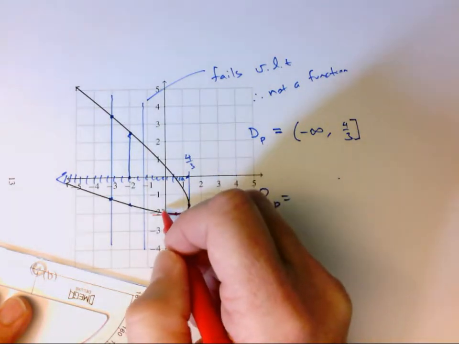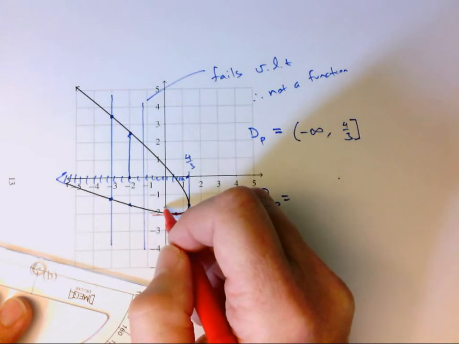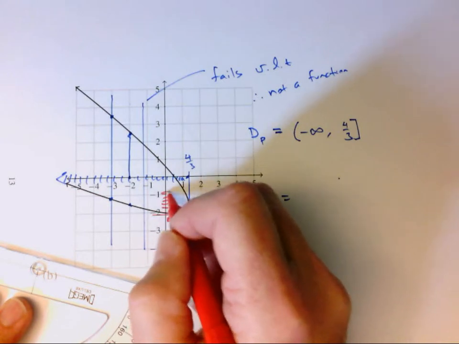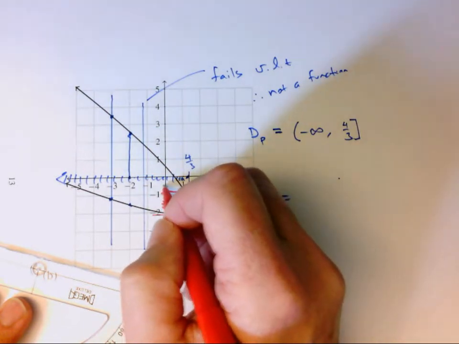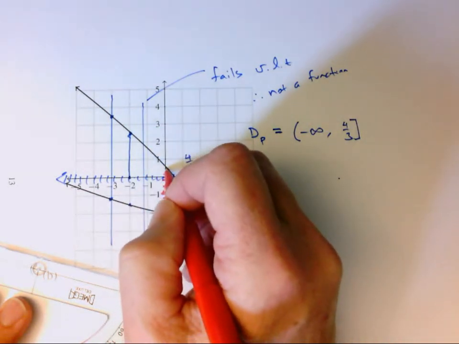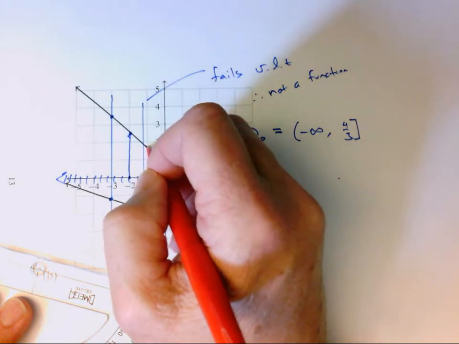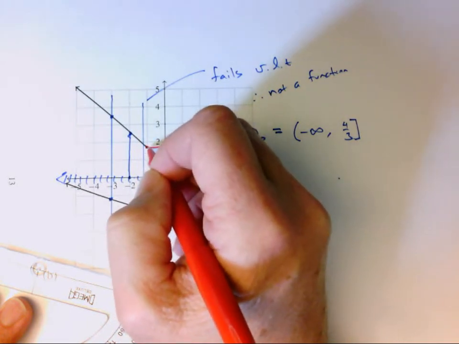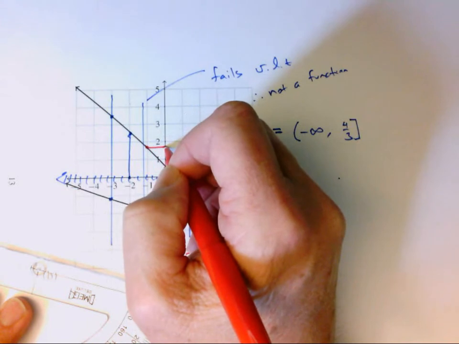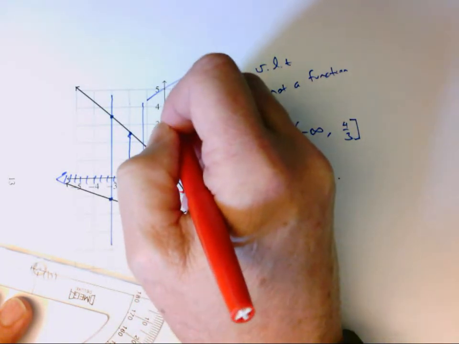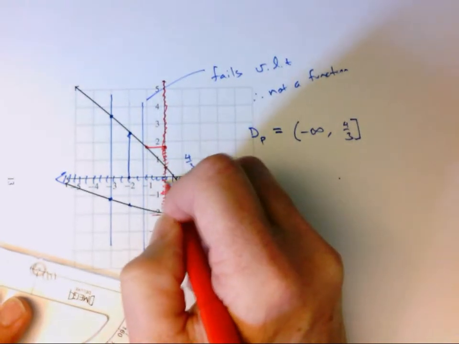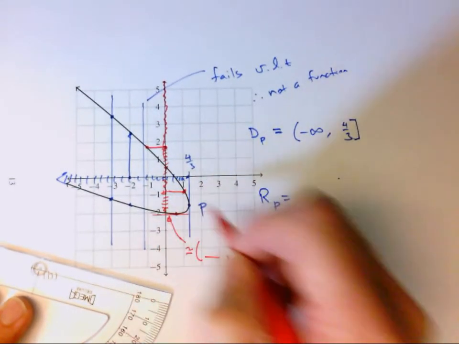But then, by using the exact same reasoning we did with the domain, everything above that, we can find a point with that y value. For instance, here, that point has a y value, so that point on the y-axis is in the range. So remember, the range lives in the y-axis. The domain lives in the x-axis.